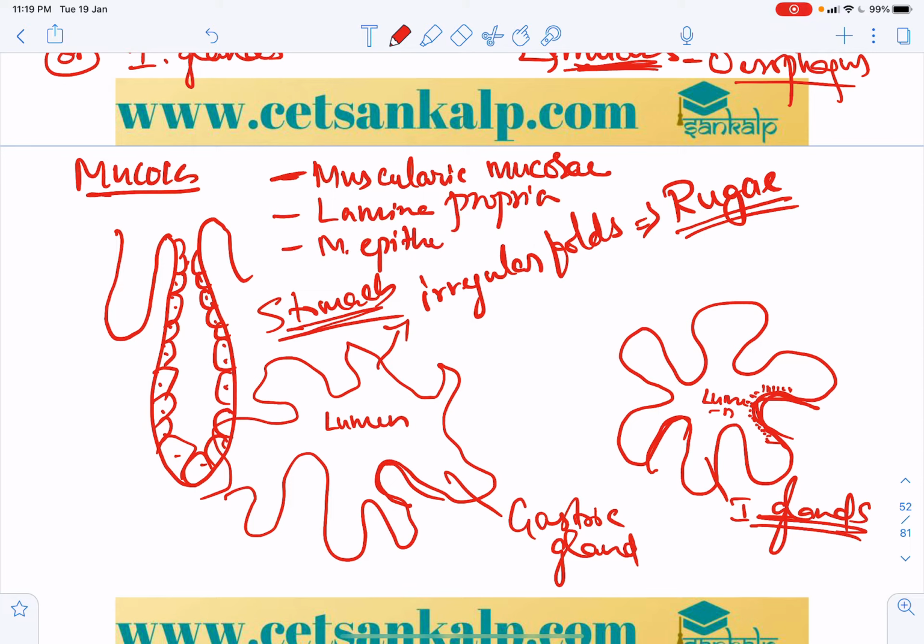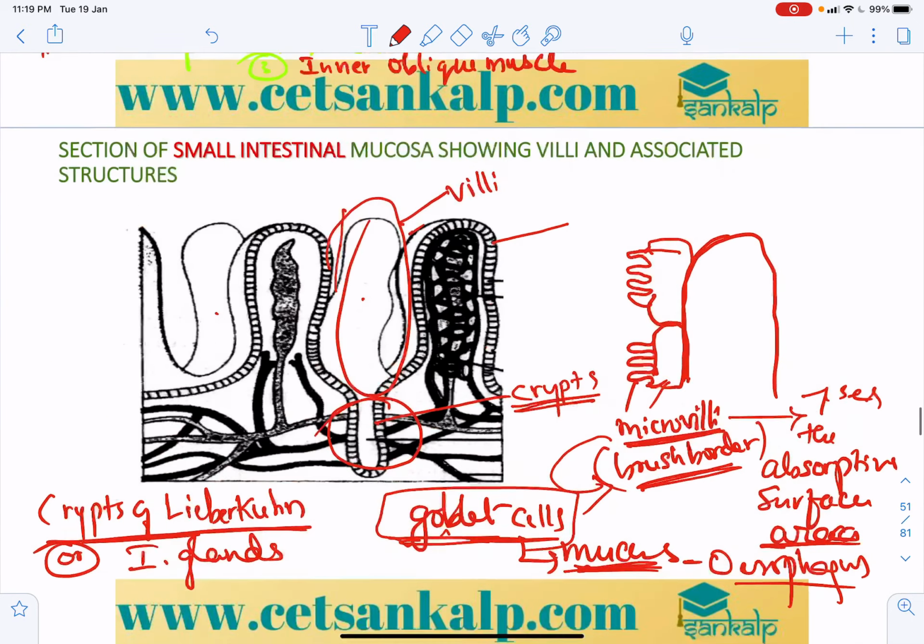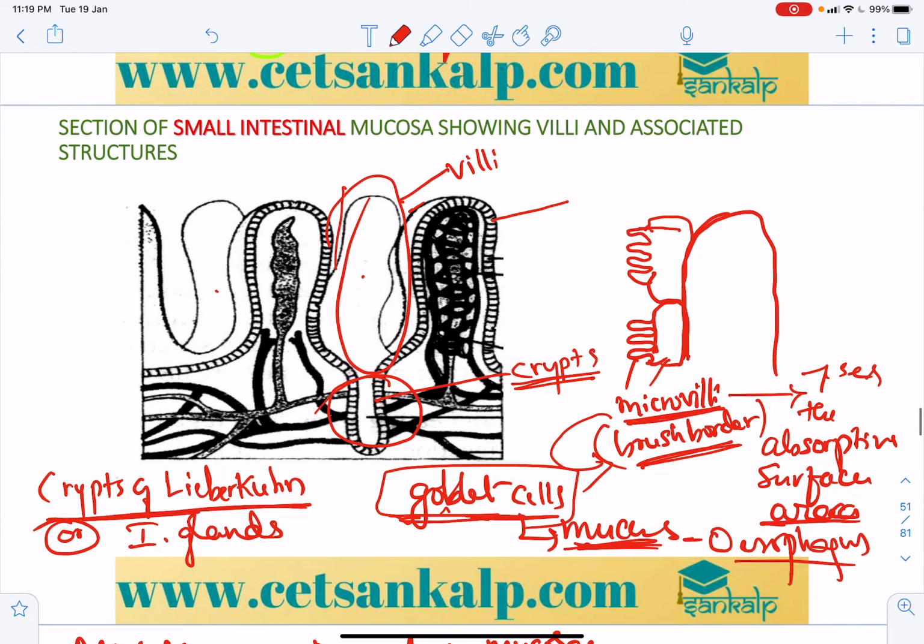In this mucosal epithelium we can see those glands, intestinal glands and gastric glands, right? Those glands play a major role in digestion. With this we can conclude the small intestine mucosa, where it shows villi and associated structures.